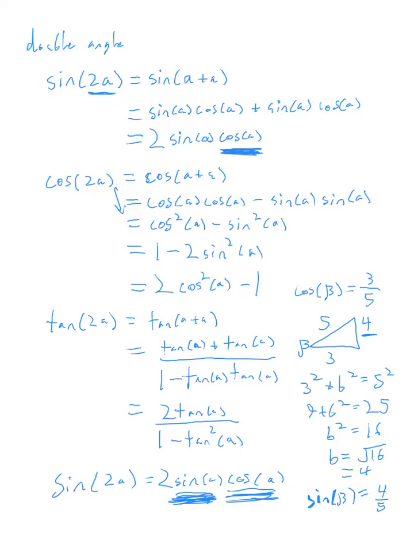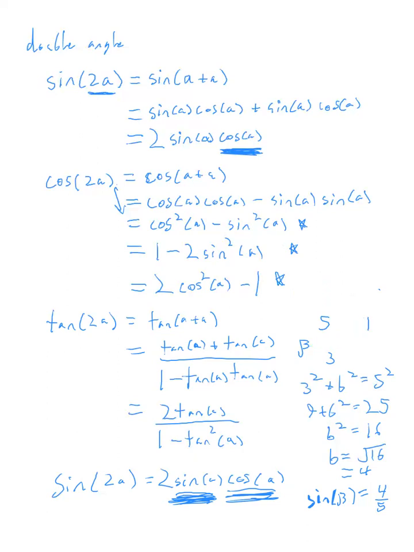So again, the cosine one is very interesting because you can use any of these 3 formulas and they're equally valid. So say, for instance, I told you, let's see if I can only erase. Okay. That was a lot. Let's see if I can.